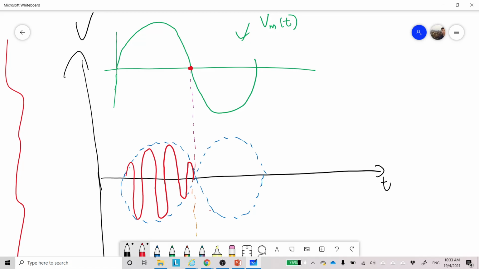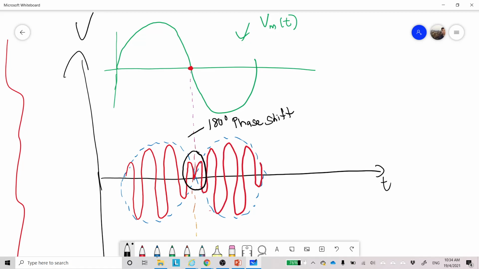So this point highlights the 180 degree phase shift. Perubahan fasa pada output sebanyak 180 darjah berlaku pada ketika input message berubah polarity, sama ada daripada positif to negatif atau daripada negatif to positif.